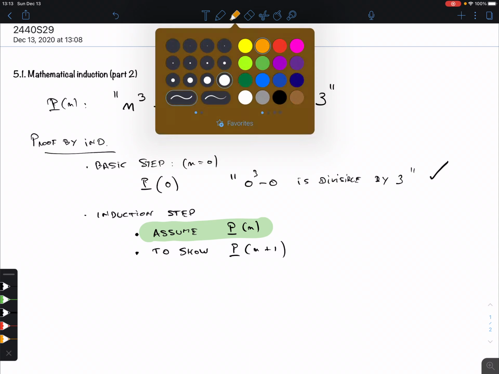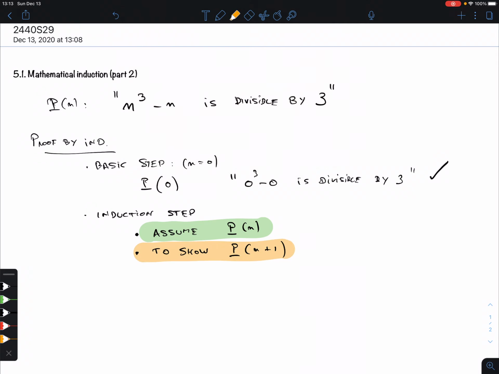We don't know yet whether it's true or not. It is always good to write out what we have. So we can assume that n cubed minus n is divisible by 3. So we know that this is true.